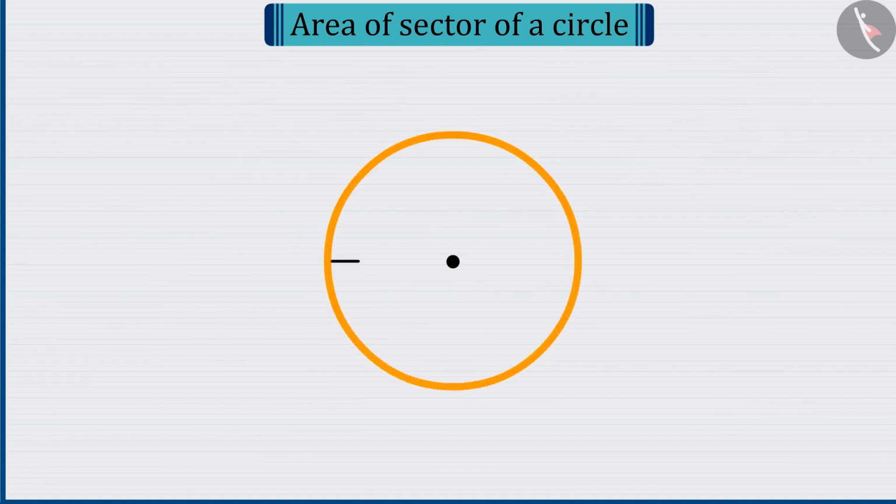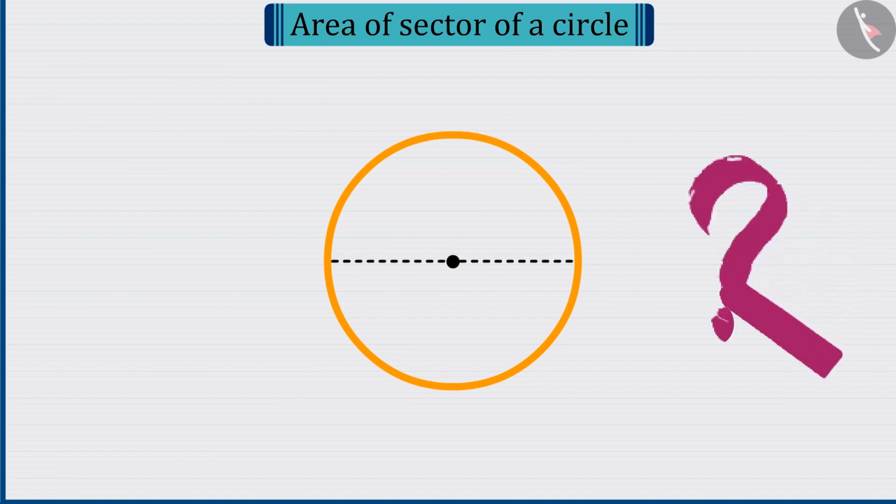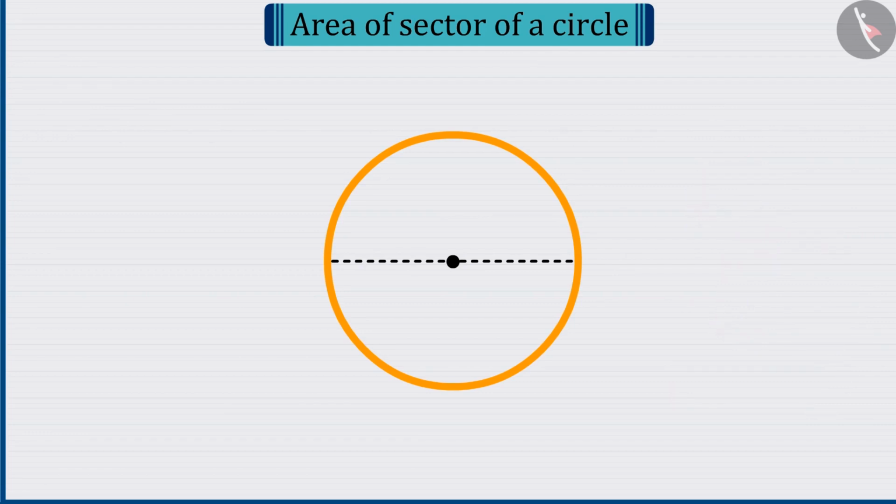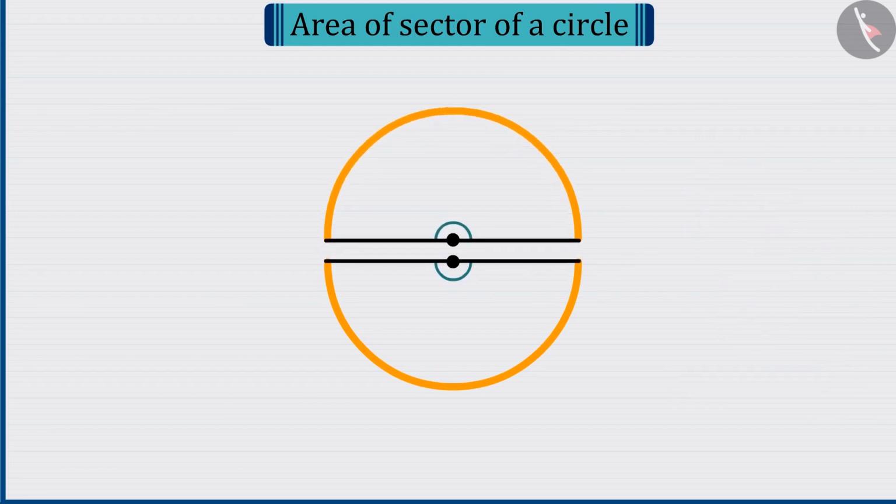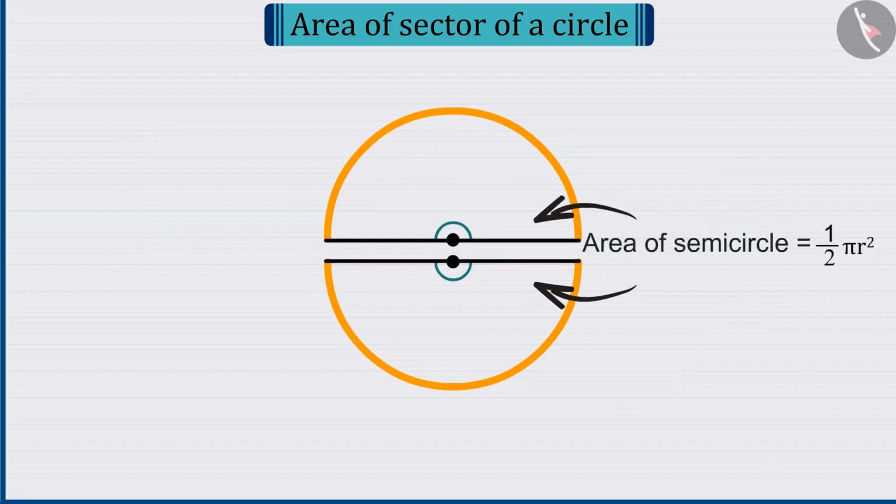If we divide the circle into two parts, what will be its area? Correct. If the circle is divided into two, then it becomes what is called a semicircle, each of whose area can be found with the help of 1 by 2 pi r square.